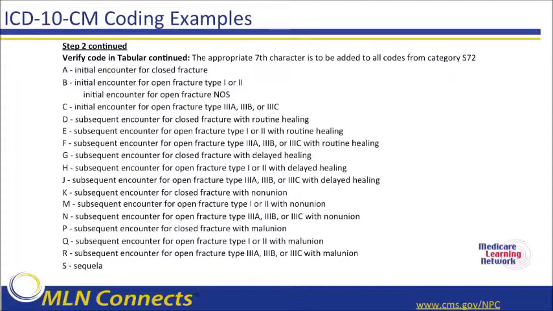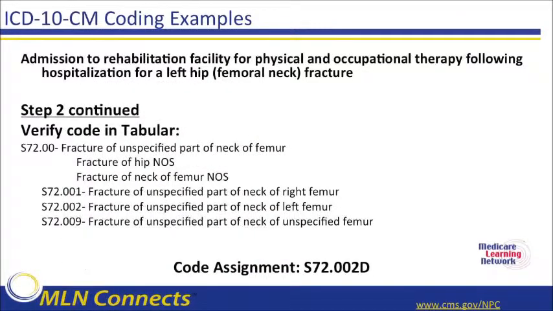As shown on slide 29, the correct code assignment is S72.002D, fracture of unspecified part of neck of left femur, subsequent encounter for closed fracture with routine healing. As indicated by the instructional note under S72, fractures not specified as open or closed are coded as closed.